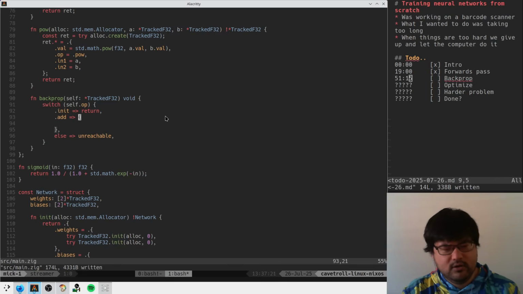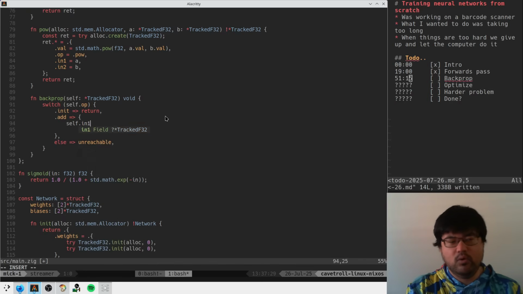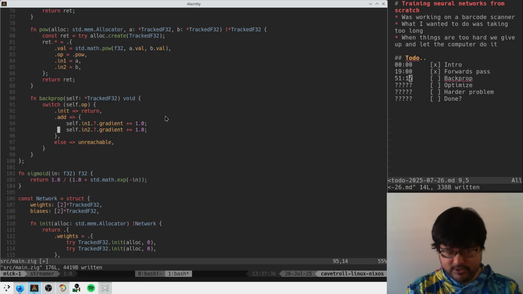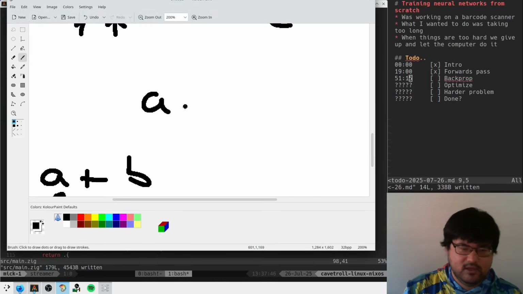Okay. So if we are adding, we say self in 1 gradient plus equals 1, in 2 also plus equals 1. Okay. Mul: in this scenario, we have A times B, right?